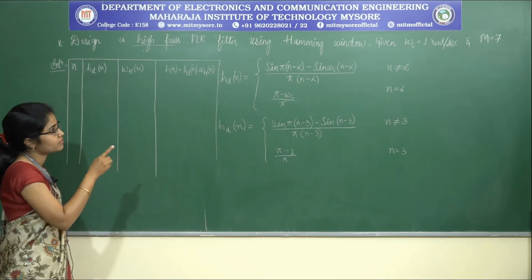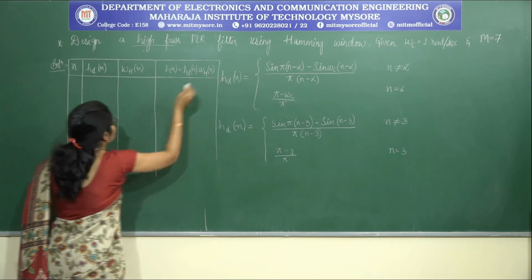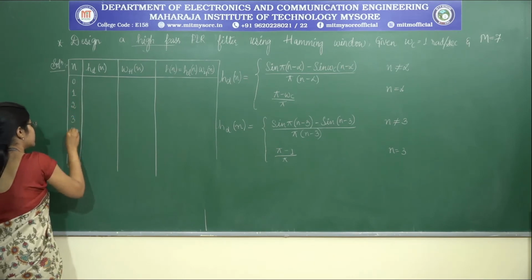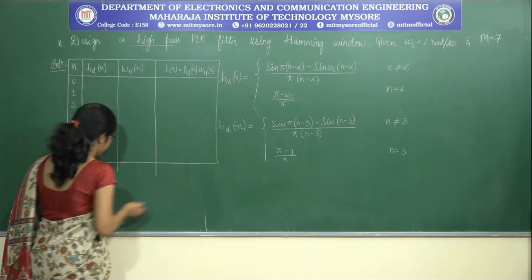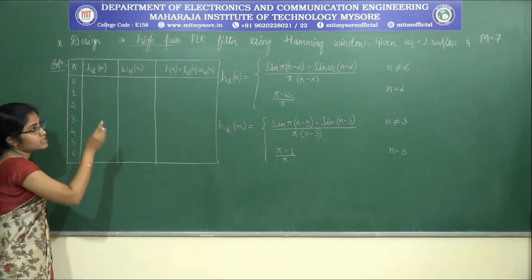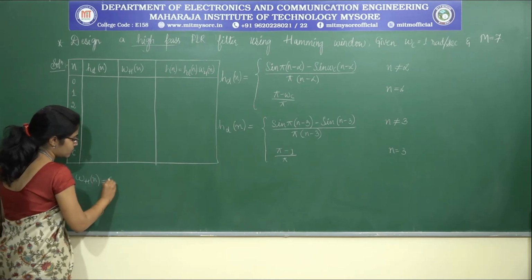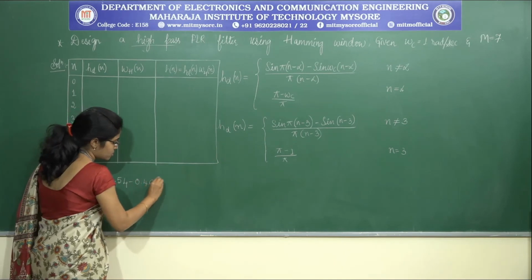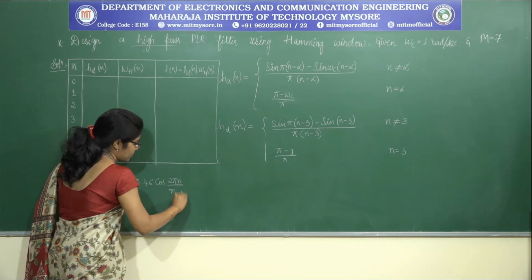Since the value of m is 7, small n should range from 0 to 6. So let me tabulate the values of that also: 0, 1, 2, 3, 4, 5 and 6. And since it is Hamming window, the formula for the window omega h of n is equal to 0.54 minus 0.46 cos(2 pi n divided by m minus 1).